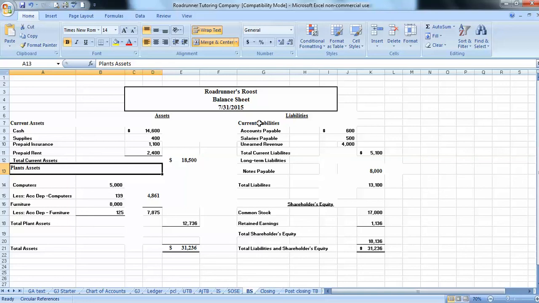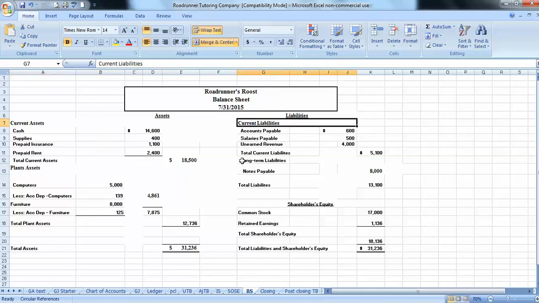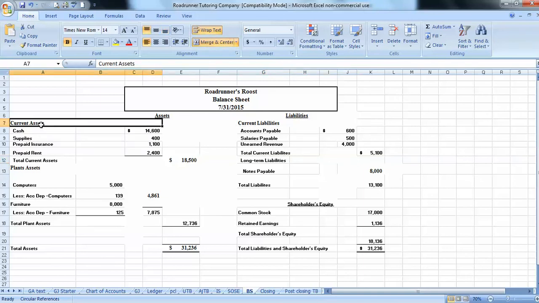We're going to separate current liabilities from long-term liabilities. And this will allow us to know how fast we can convert assets to cash, how much of our assets are in long-lived assets, and so we call this the classified balance sheet.